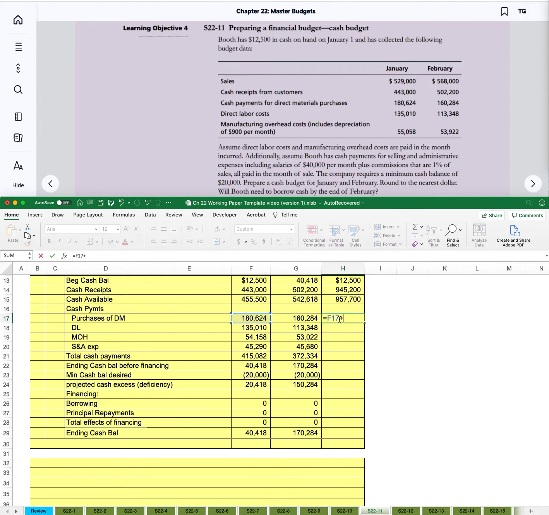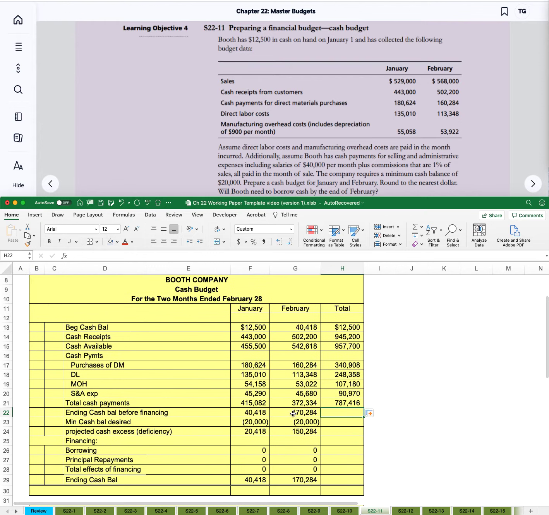Now, for these purchases, we're totaling across the row, and so once you type that once, you can pull that formula down. And then stop when you get to total cash payments, because your ending cash balance before financing is going to be a reference to February.